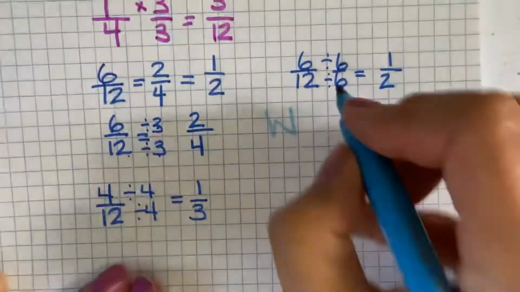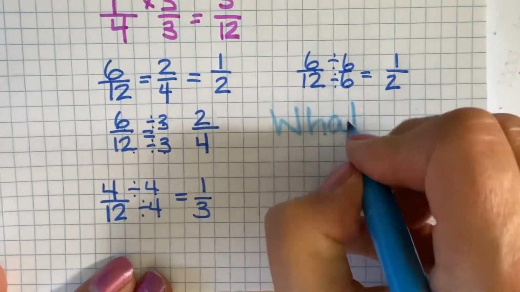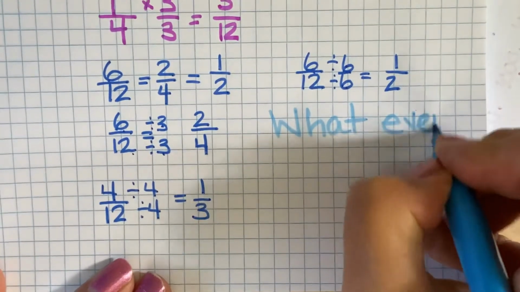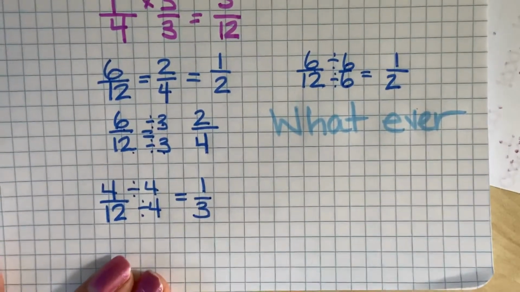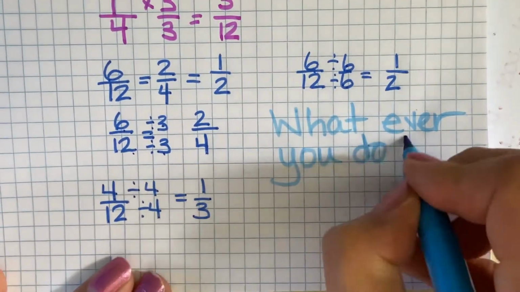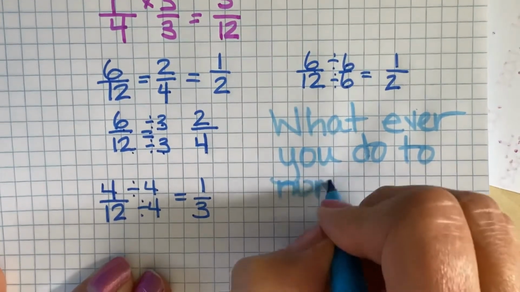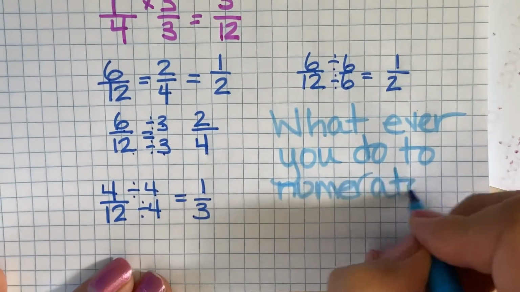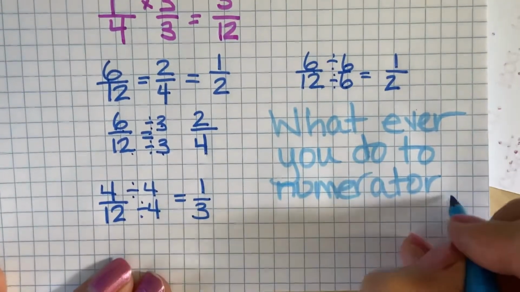So I'm going to write it right here. Whatever you do to the numerator, that means you multiply it by a number or you divide it by a number, you must do to the denominator.